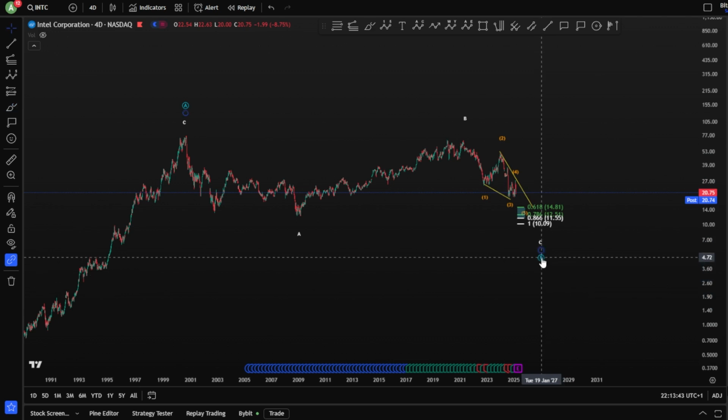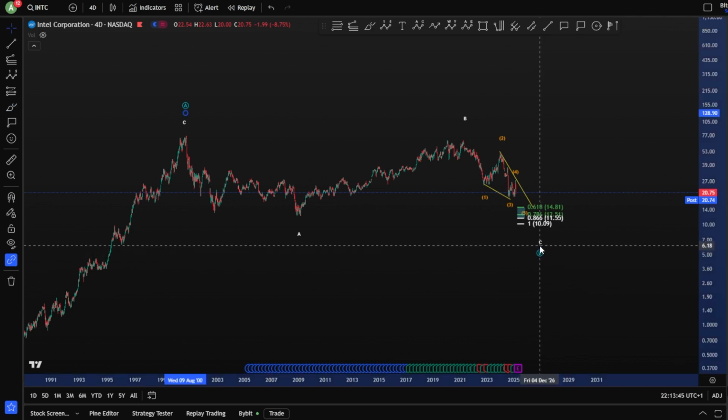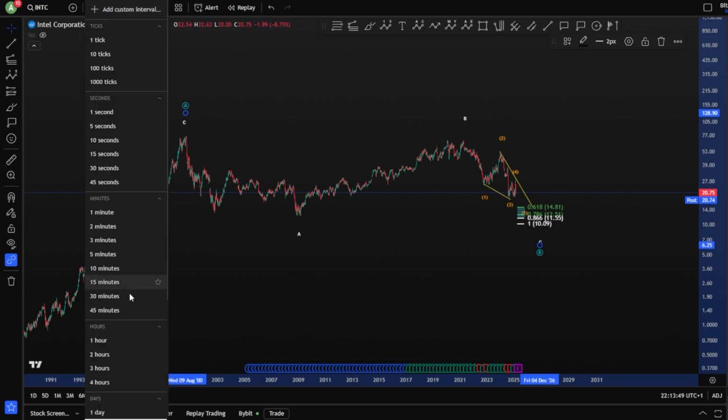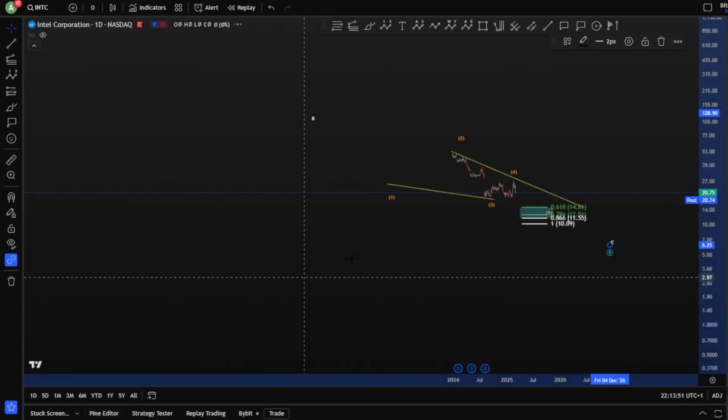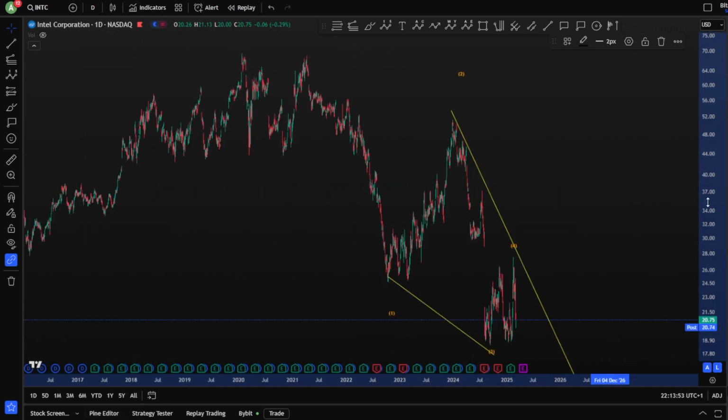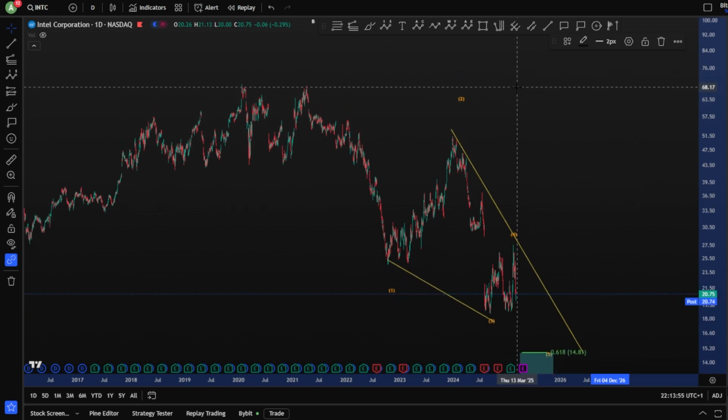I would like to mention that fundamentally, Intel doesn't sound good. The news about Intel, I don't know what's going on. It was, of course, the leader of the electronics and especially computers sector.